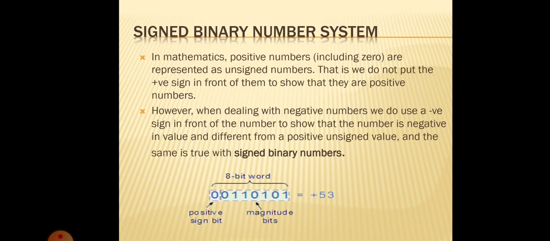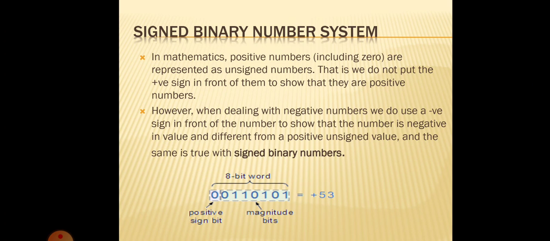Then the last point is the signed binary number system. As from the name itself, we can consider it a binary number system in signed form. In mathematics, positive numbers including 0 are represented as unsigned numbers.